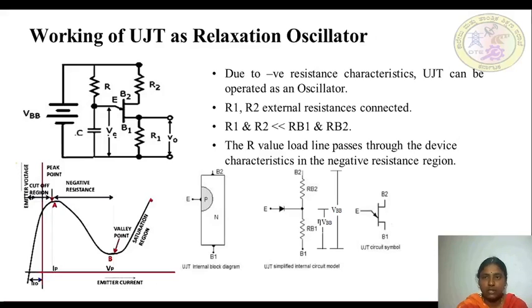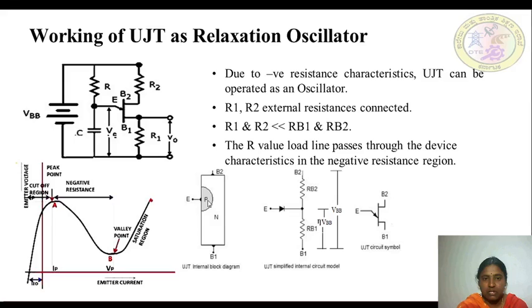Before explaining the working principle of UJT as relaxation oscillator, we will briefly study the construction, internal circuit of UJT, its symbol, and the VI characteristics of unijunction transistor. So UJT is made up of N-type material or a silicon base in which a P-type emitter is embedded.